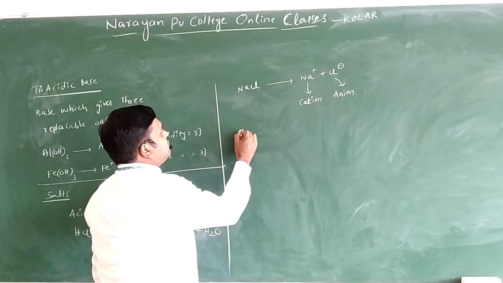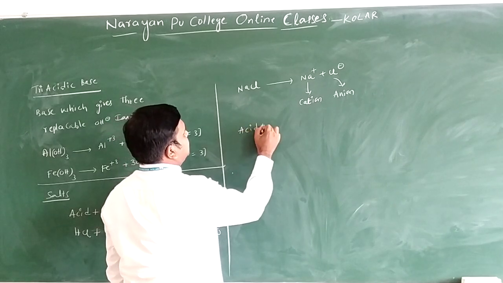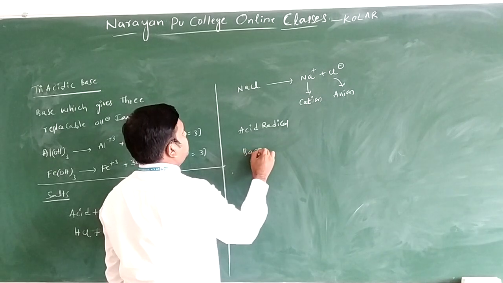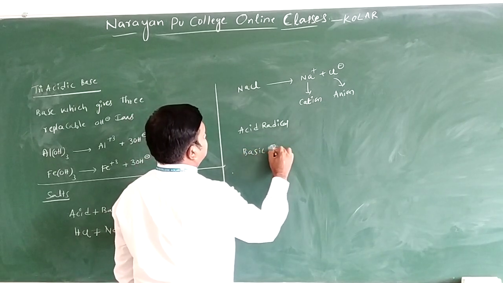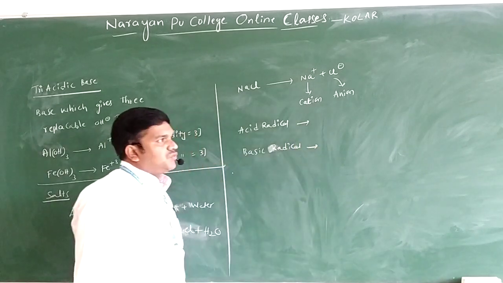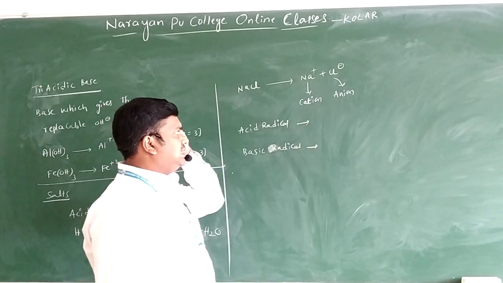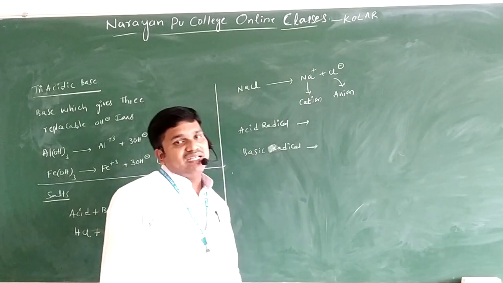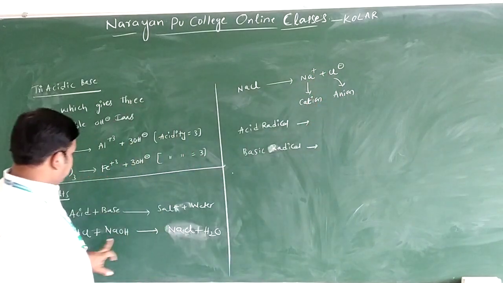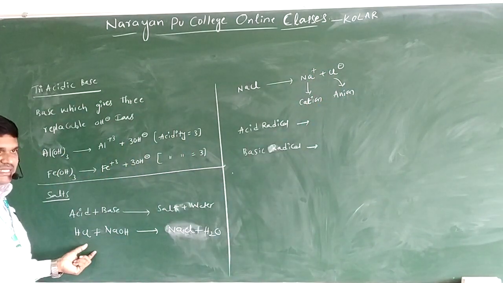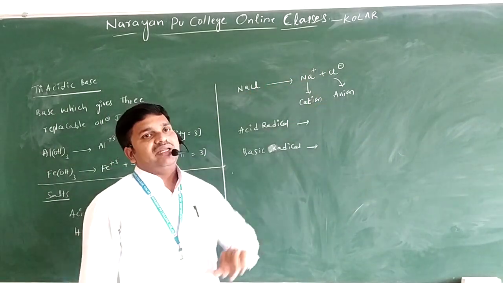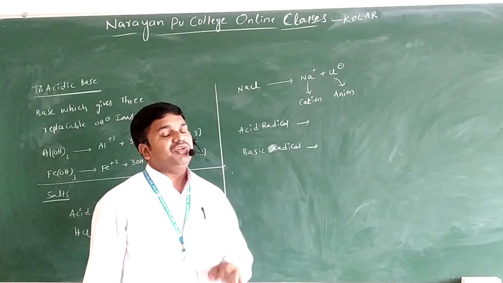Let us see one more. I am writing here acid radical, and one more is basic radical. From this reaction, what is the acid radical and what is the basic radical? Here Cl minus is there. This Cl minus comes from the acid, so Cl minus is the acid radical because it comes from the acid.